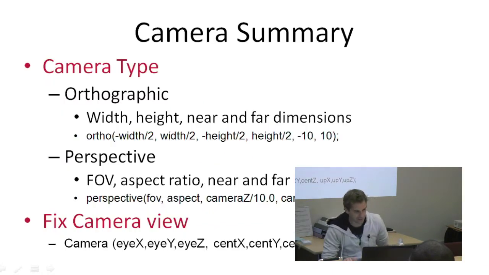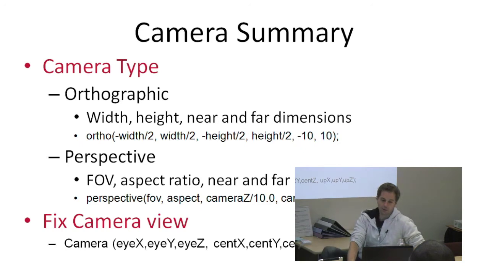But yeah, essentially, just to summarize the camera stuff, we have two main projections which we're ever likely to use. Orthographic, which maintains orthonormality, so parallel lines remain parallel, etc. And we create it by specifying the left boundary, right boundary, top boundary, bottom boundary, near boundary and far boundary, which will create our volume.